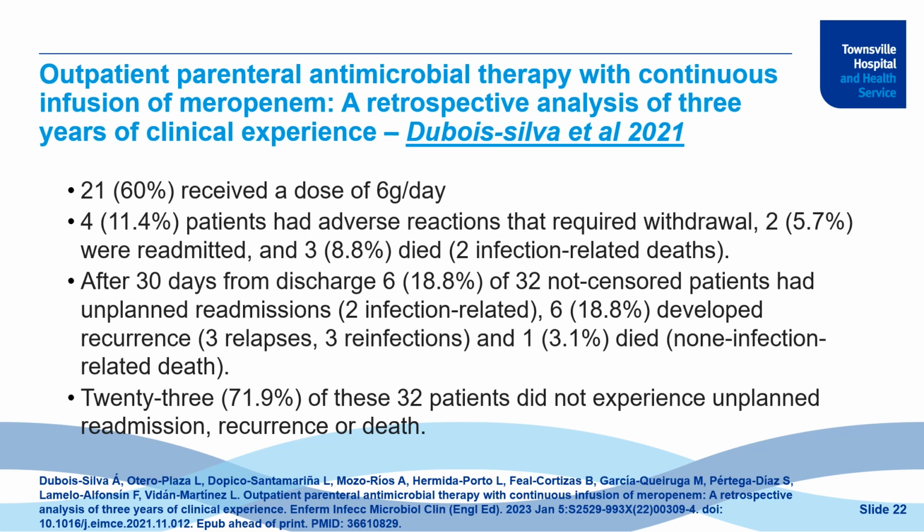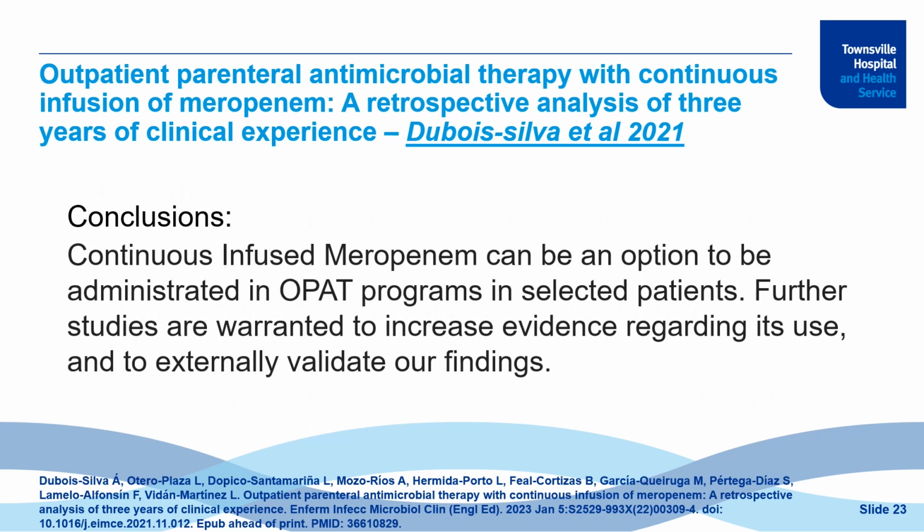So one of the questions that I guess we ask ourselves is, what is an acceptable level of clearance from a clinical evaluation point of view? This paper basically concluded that meropenem is an option to be used in OPAT, showing 70% effectiveness, but further studies should help support this.